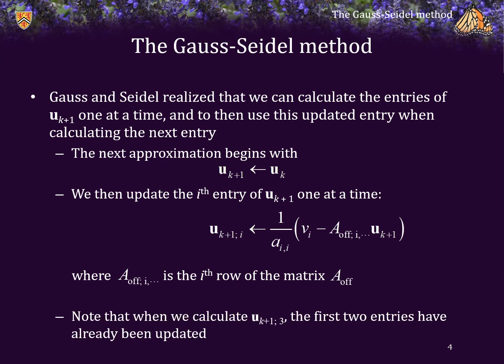What's nice here is that when, for example, we are calculating the third entry of the updated vector, the first two entries have already been updated and are now being used to calculate the third entry, rather than using the first two entries of the previous vector.